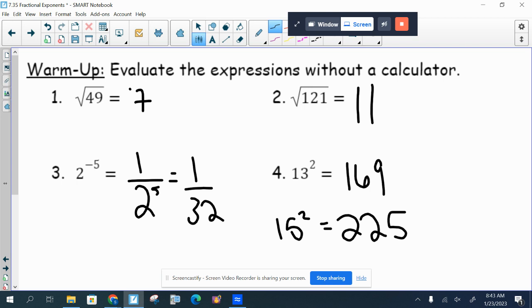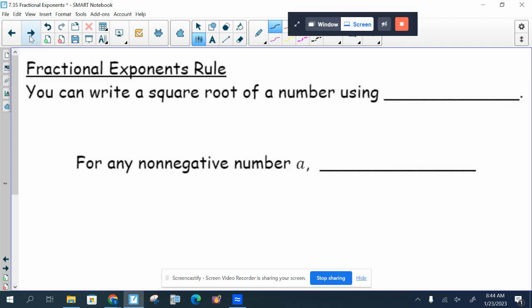Some other common ones are 12 squared, which you'll do later, and 14 squared. But anytime you need something squared, you'll have a table for that, or you could always just work it out with long multiplication. Anyways, you can write a square root of a number using this symbol right here. That's a radical symbol.